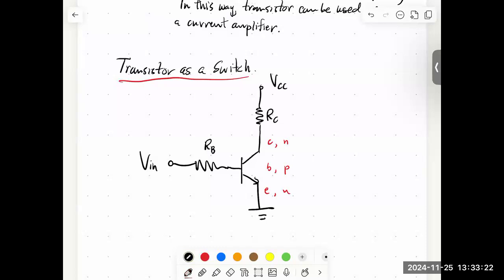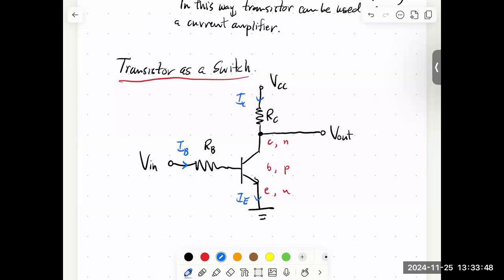And the only thing we're going to add is we're going to take our output right here. So we have now an input and an output. I'll label the currents like we did before: this will be I base, this will be I emitter, and this will be I collector.